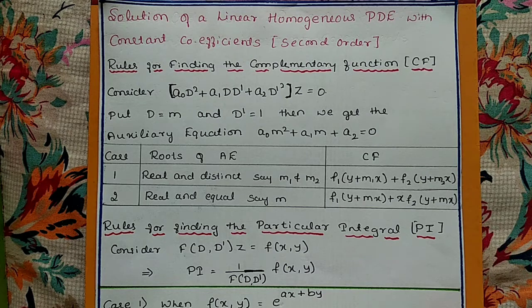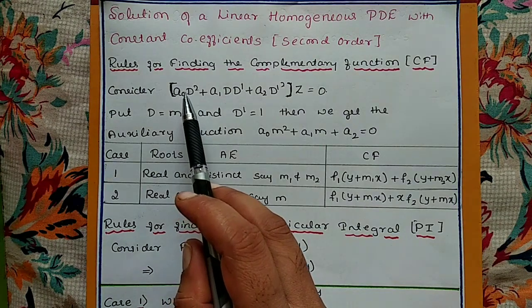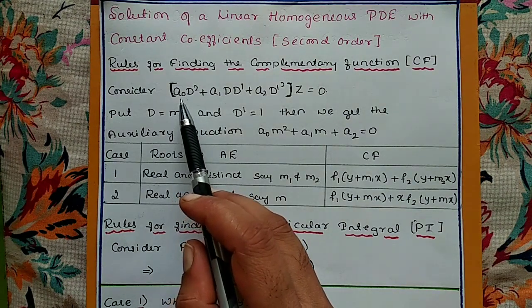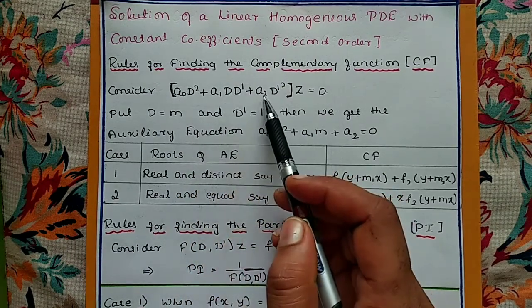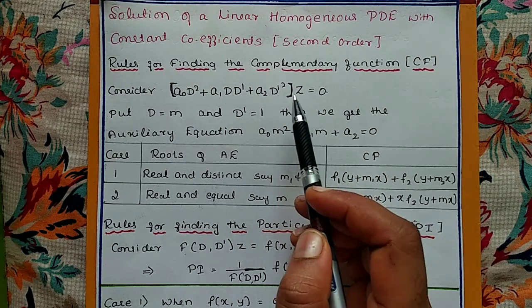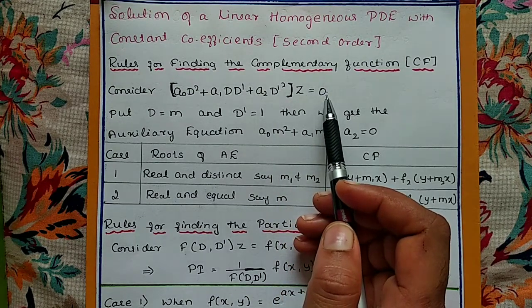For finding the complementary function, consider the second order linear homogeneous PDE with constant coefficients, that is (A naught D² + A1 DD' + A2 D'²) z = 0. Here f(x,y) = 0.